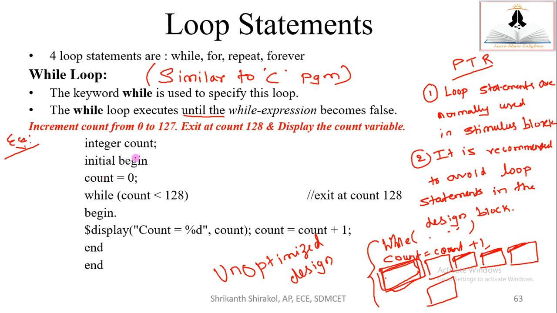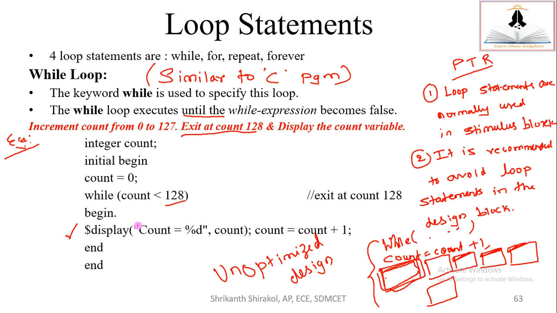Integer count is a variable which is incremented from 0 to 127. Initial begin, count is equal to 0, while count is less than 128, begin. Why 128? Because we have been given the exit condition: once the count reaches 128, come out of the loop. You need to display the count, and that is displayed only in the console.